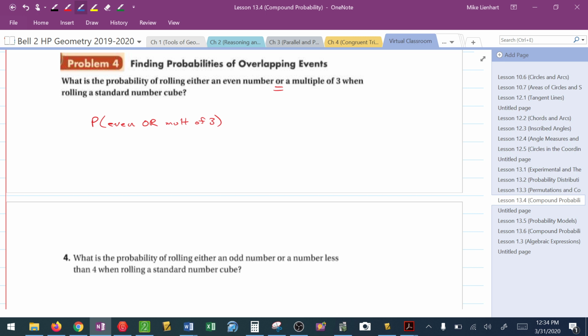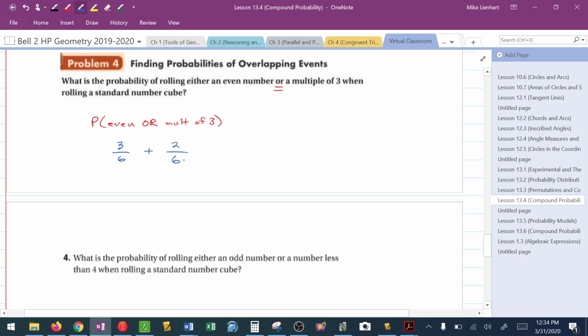Well, on a number cube, how many numbers are even? That's going to be 3 out of 6. Or means add. How many multiples of 3 are on a number cube? Well, that would be the numbers 3 and 6. So there's 2 out of 6. But wait a minute.